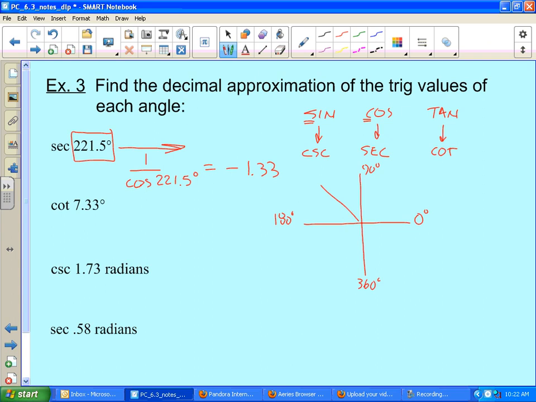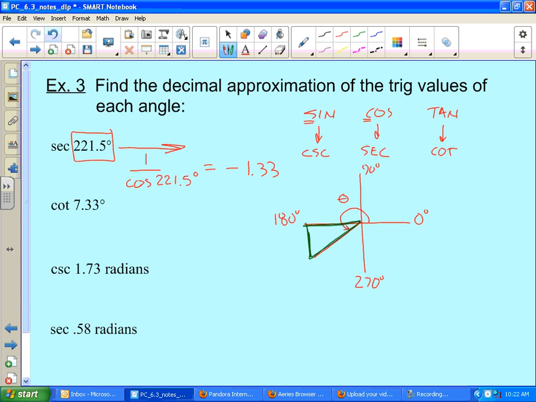Oh, no, I'm not, I'm over here. Why did I write 260? Oh man, this is just one of those days. All right, so 221 is right there. That is my angle that produced this triangle.